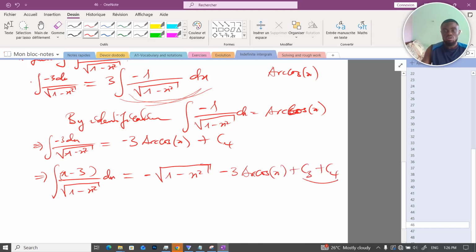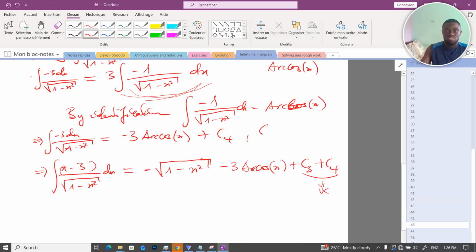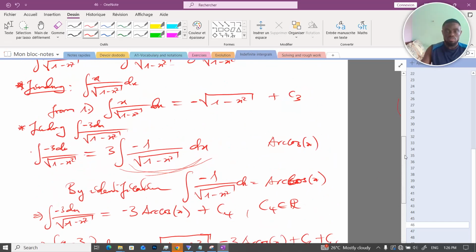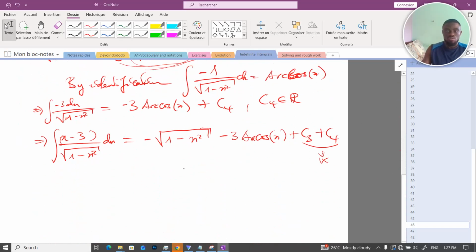I'll group all this into a constant k, which belongs to R. You can precise here c4, always precise it belongs to R, and c3 belongs to R. Don't ever forget it. You have to precise to the examiner any constant you bring in.